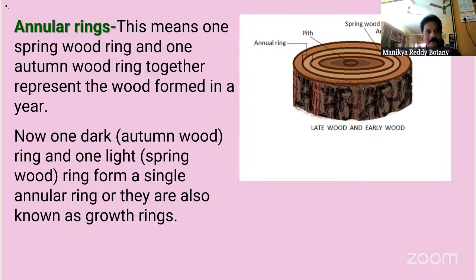So there is a branch of botany which deals with the age of the trees by counting the annual rings. The wood which is formed in a year is called annual ring. Spring wood and autumn wood constitute the wood formed in a year.